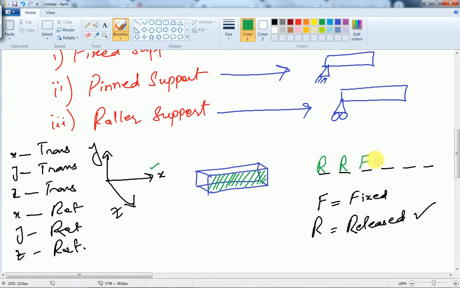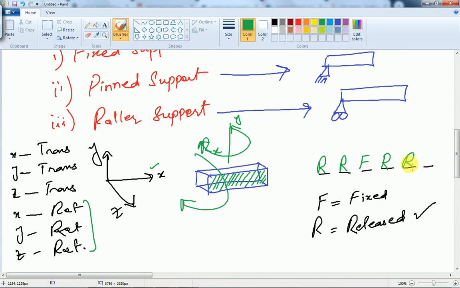the word fixed, F, here. Now we should check for the rotations. If the body can rotate about the x-axis, then we can write it as released. And if the body can rotate about the y-axis, then it is also released.